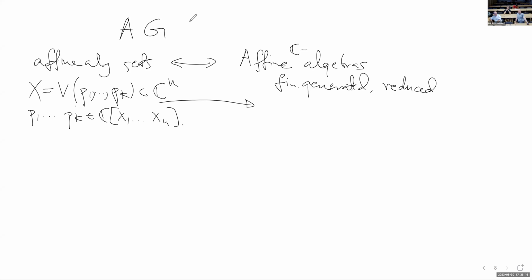There's this notion of a regular function on X, which is just a restriction of a polynomial function on C^n to X. Those regular functions form a ring, a C-algebra, and this is the coordinate ring. It's not really very complicated. There's something called the Nullstellensatz, which tells us exactly what it is.